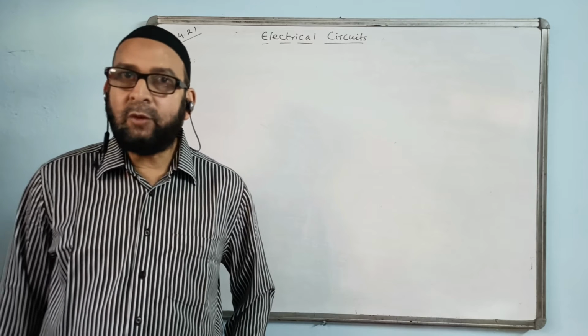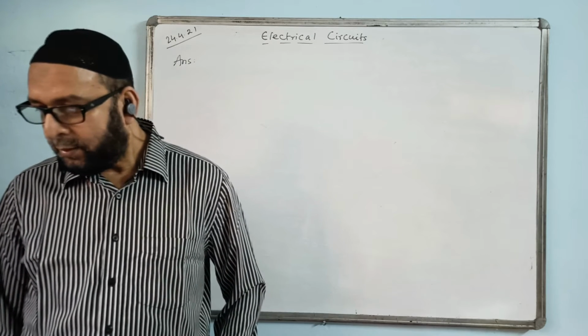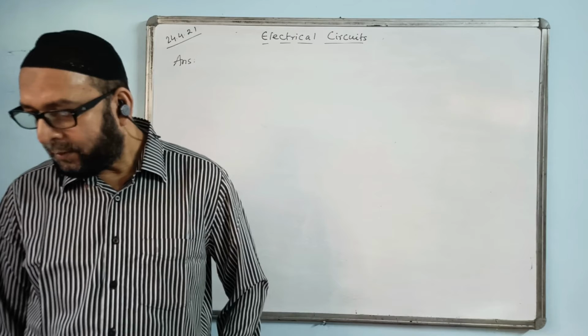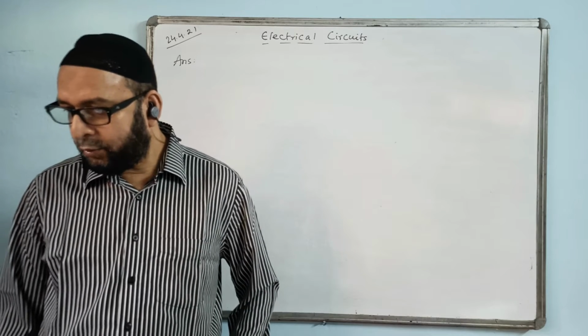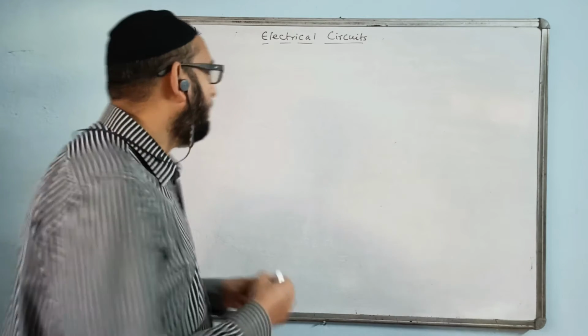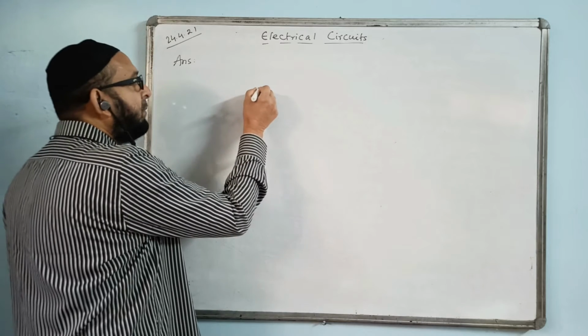Resistor, capital R equal to 3.4 ohm. And they have given a diagram here.